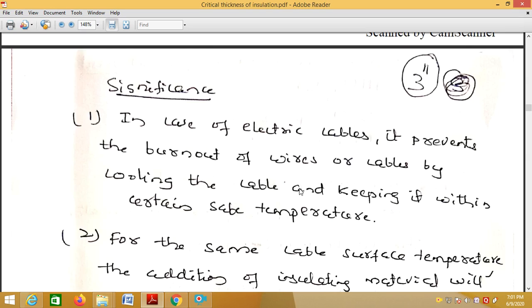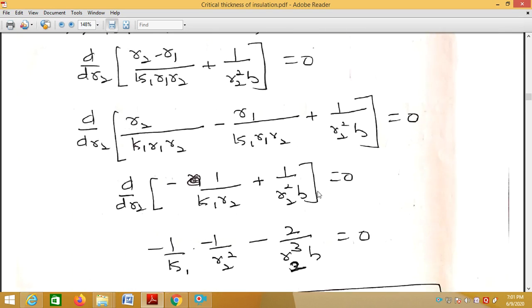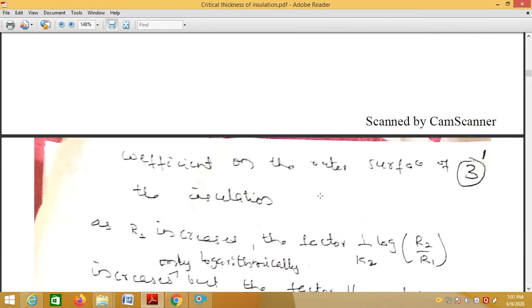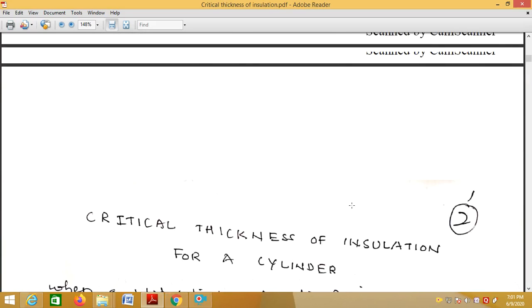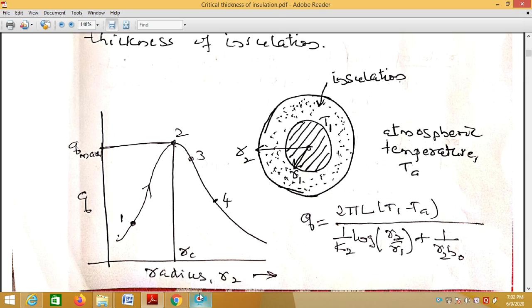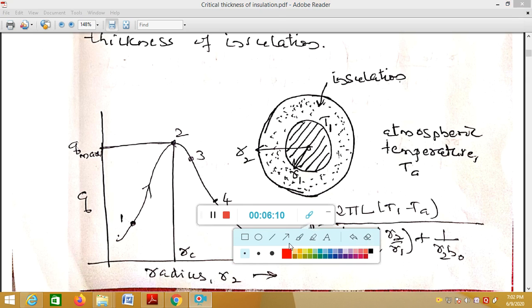Now the significance or applications of critical thickness of insulation. As I told, whenever an insulating material is added on a small diameter wire or a cable, heat loss from the wire increases.